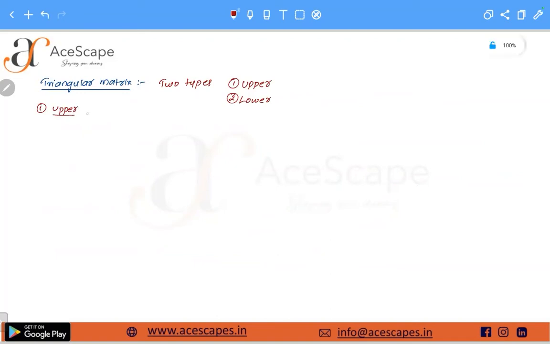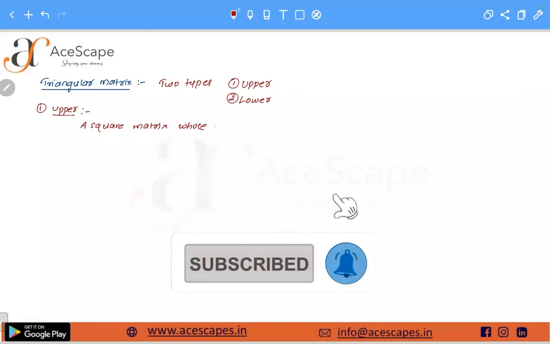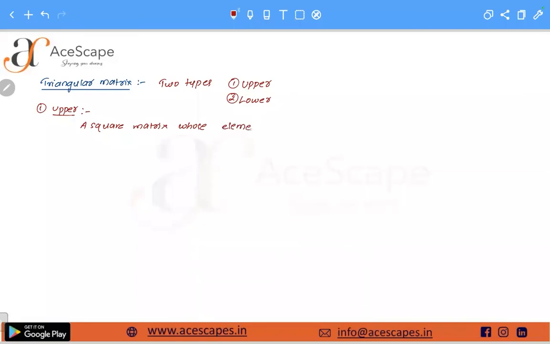An upper triangular matrix is a square matrix whose elements below the principal diagonal are 0.